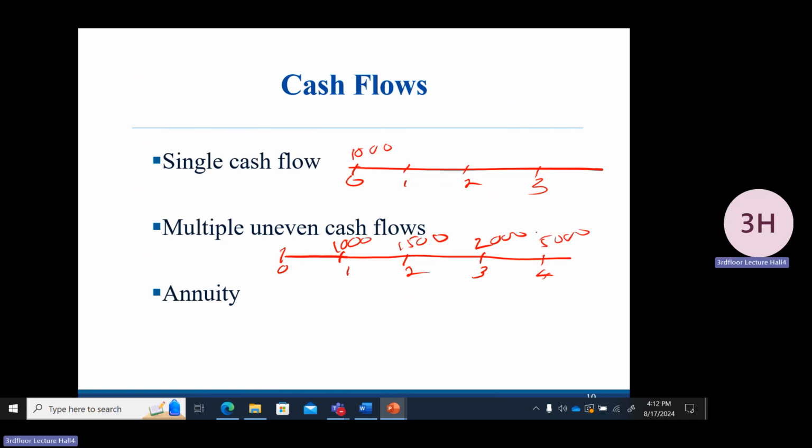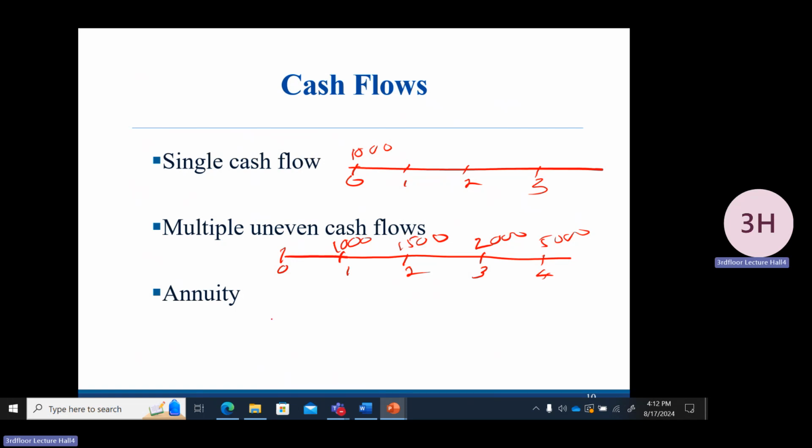So this is more than one uneven cash flow. Can I have a practical example of multiple uneven cash flows? Your telephone bill, electricity bill. These are not even, based on the consumption that is changing. So that is a multiple uneven type of cash flow.